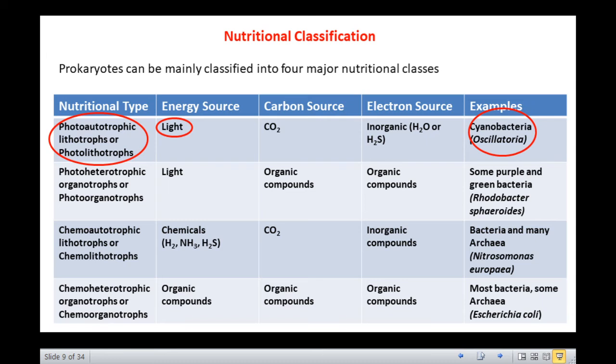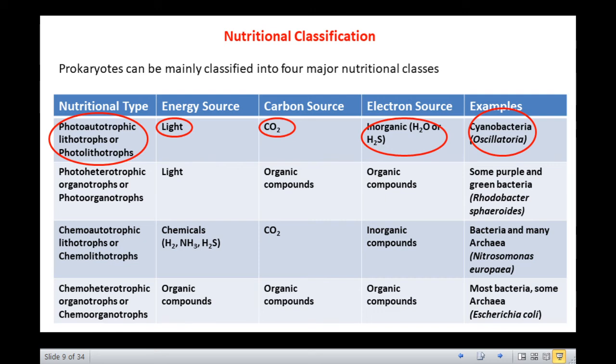It uses carbon dioxide as its source of carbon and hence is autotrophic. It obtains its electrons from water and other inorganic compounds and hence it is lithotrophic. It has a wide range of habitats including freshwater, seawater and also moist soil.